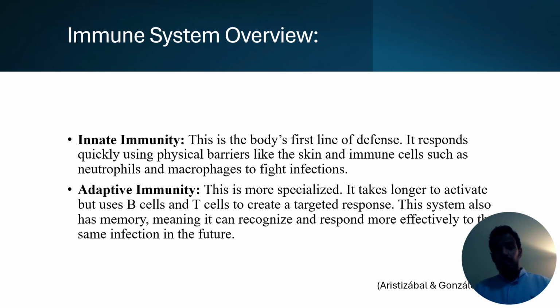On the other hand, the adaptive immune system is more specialized. It takes longer to activate but uses B cells and T cells to create targeted responses. This system also has memory, meaning it can recognize and respond more effectively to the same infection in the future.